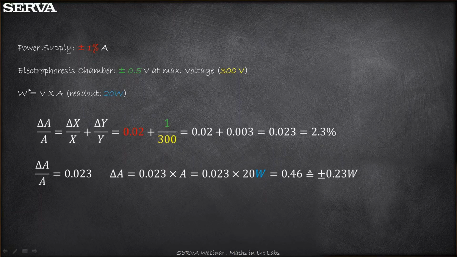Your goal is that if you read out 20 watts in your future experiments, you want easily to calculate the error right away. So to estimate the error, use is made of the error propagation.